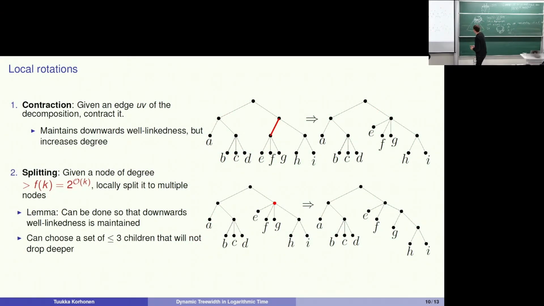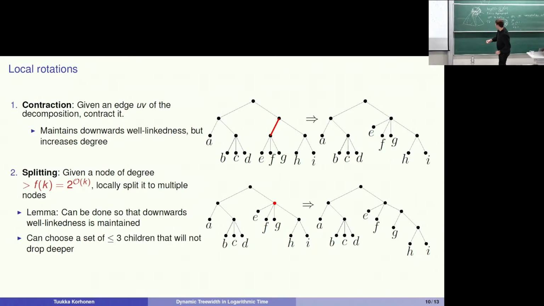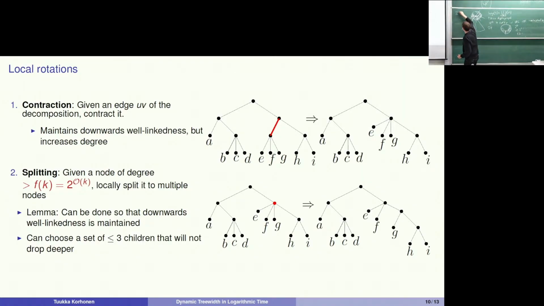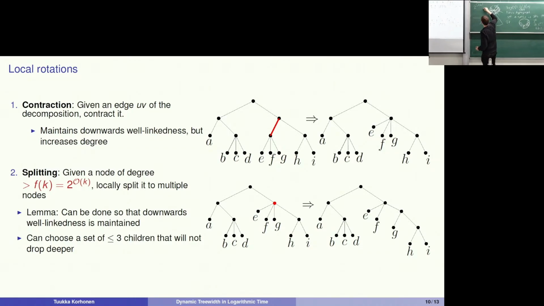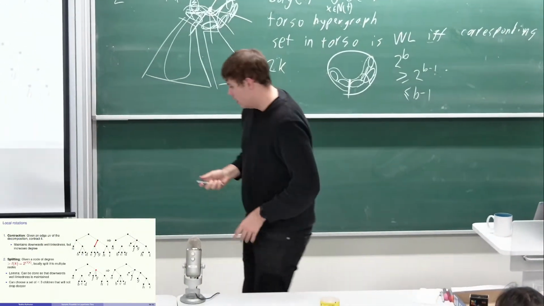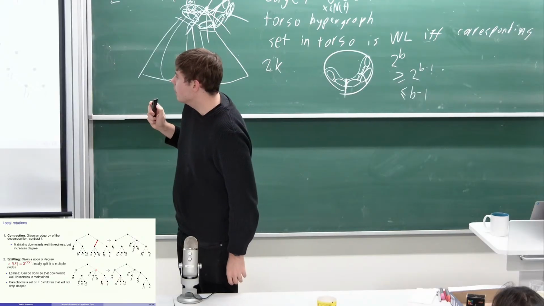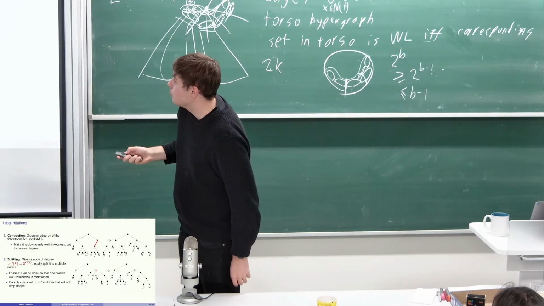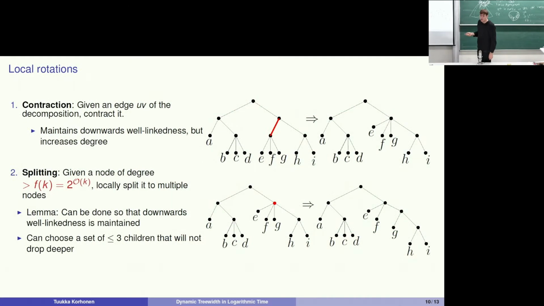So you can make this splitting run in 2 to the O of k time. So these are the two operations we have for editing this branch decomposition.